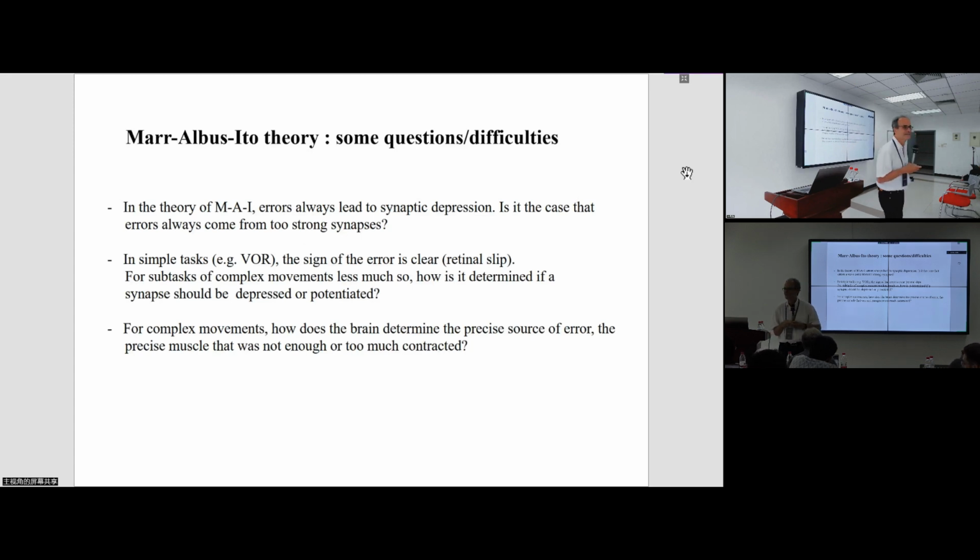Another question. Yes? In this Marr-Albus-Ito theory, the idea is that the coincidence of the error should lead to depression. The climbing fiber is signaling error, and the climbing fiber is depressing the synapse of the Purkinje cell with the parallel fiber. But how do you connect different directions of the error?